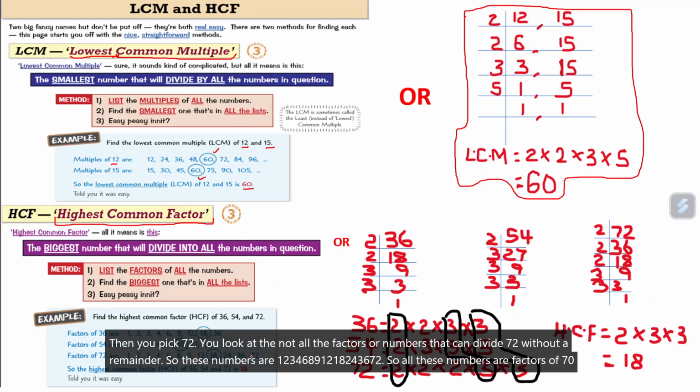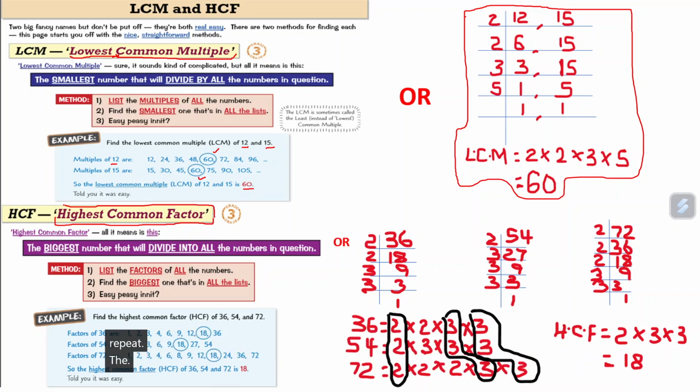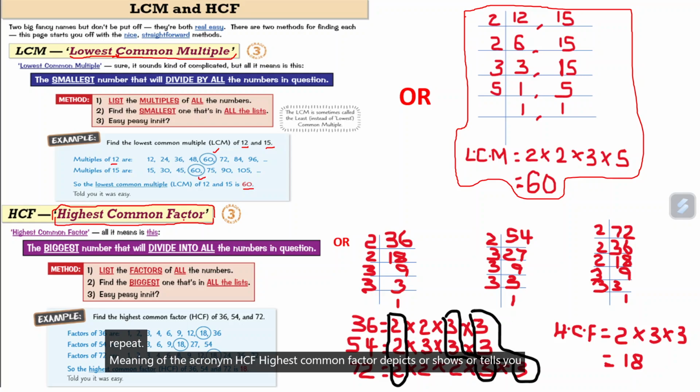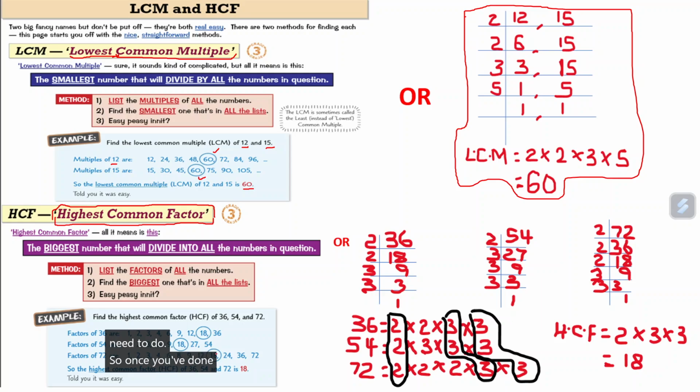I repeat, the meaning of the acronym HCF, highest common factor, tells you what you need to do. So once you've done that, you pick the highest common number between the three, which is 18.